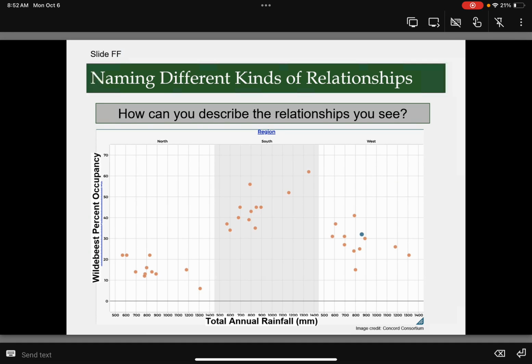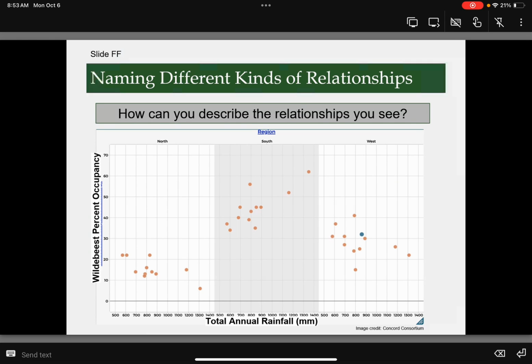More food, okay? So it would make sense that this would be a positive slope, because the more rain they get, the more food there is, the more wildebeest that would be present. But this is saying the opposite, right? This one and this one are saying the opposite.